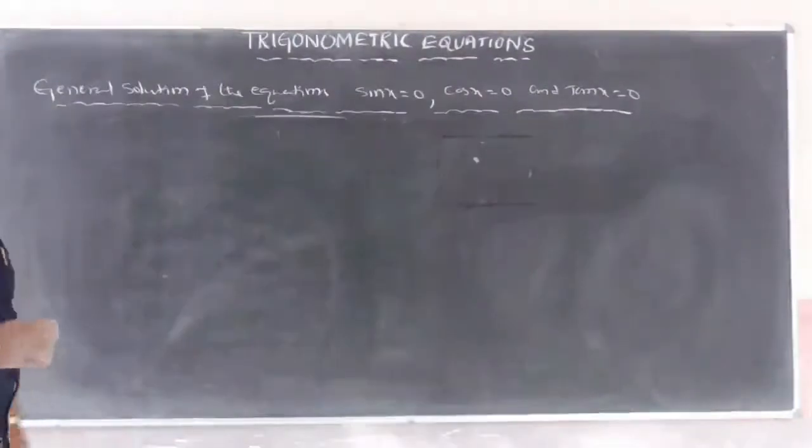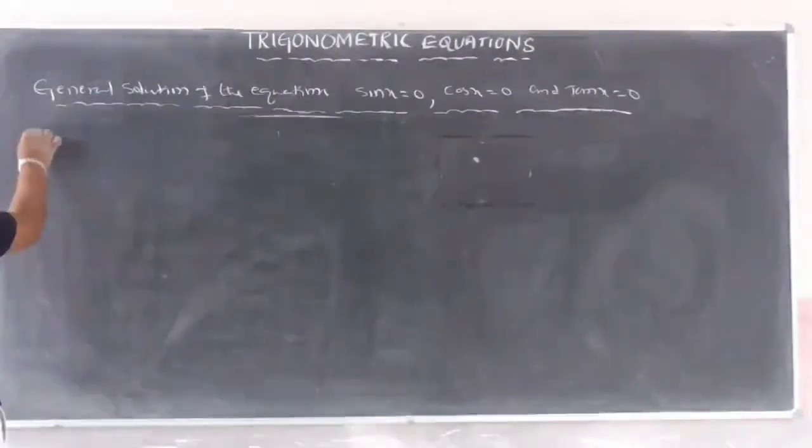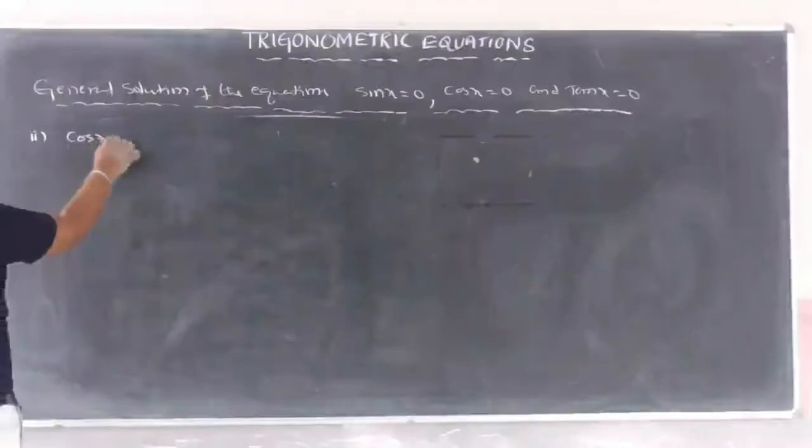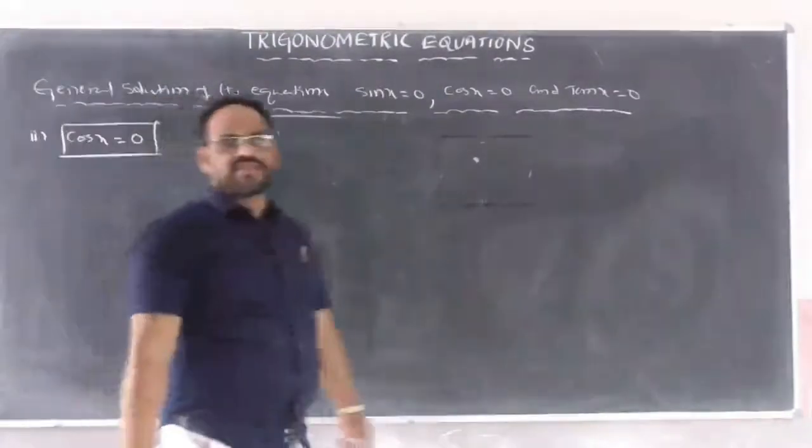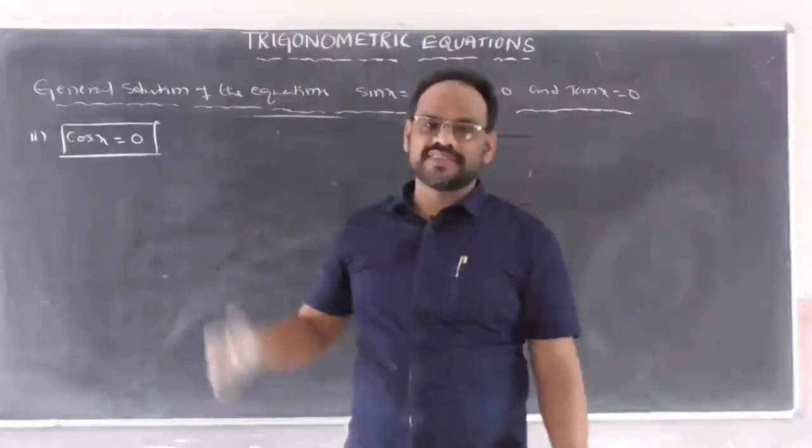Next, the second one, that is cos x equals 0. We want the general solution for cos x equals 0.